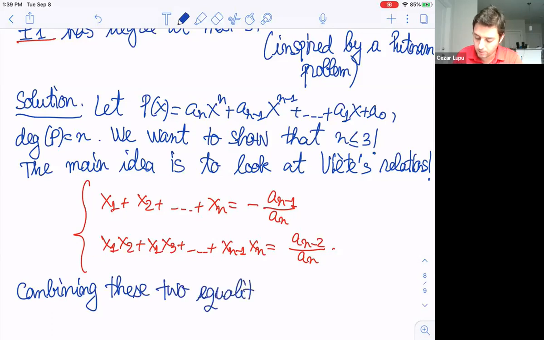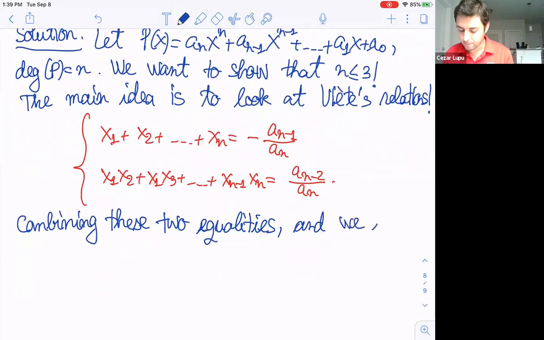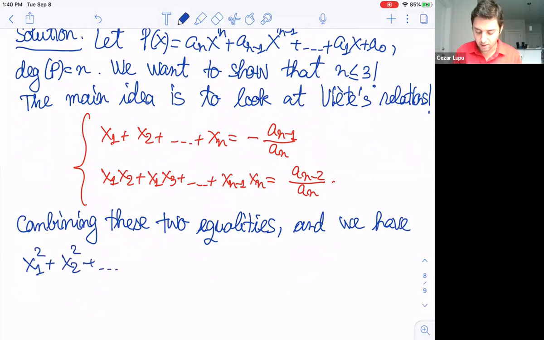We combine these two equalities, and we have the following. Let's see, what do we have? And I'm going to do it in this way. x1 squared plus x2 squared, in fact, that was a bit of a trick, plus xn squared. This will be nothing else than what?